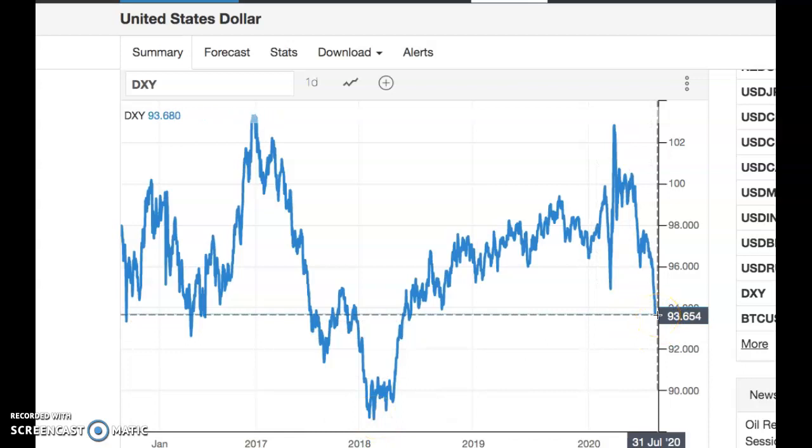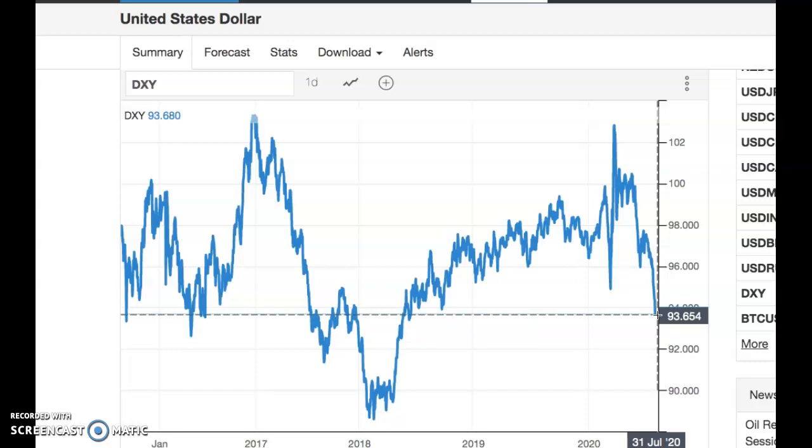Okay. Now, what does this mean? Well, when the value of the dollar drops, it makes the goods that we produce cheaper for foreigners to buy, and it makes the goods that we buy from foreigners more expensive. So on the one hand, a lower dollar value will stimulate our manufacturing sector because the goods that we produce here will be cheaper for foreigners to buy if the dollar is lower in value.